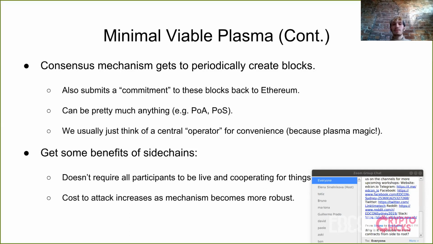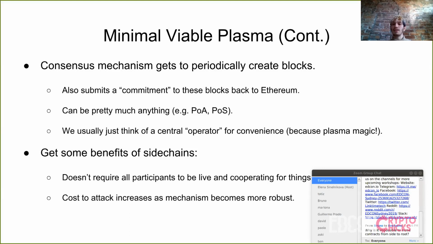So we get these benefits of sidechains, right? It doesn't require all the participants to be live and cooperating for transactions to occur. In state channels or payment channels, for example, the fundamental thing there is that everybody signs off on every single transaction. But in this case, since we're giving that responsibility to somebody else, they just have to be online.